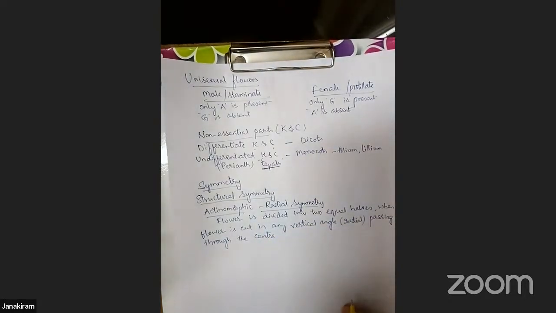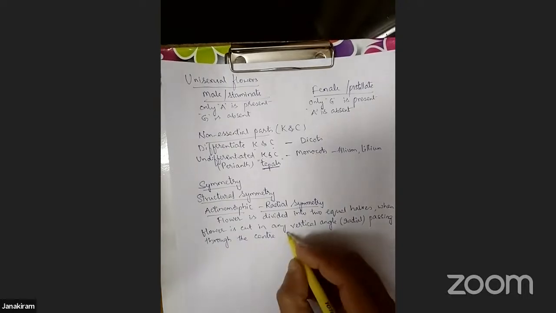Such flowers are called actinomorphic flowers, and such symmetry is called radial symmetry. This type of radial symmetry can be seen in examples like chili, datura, and mustard.